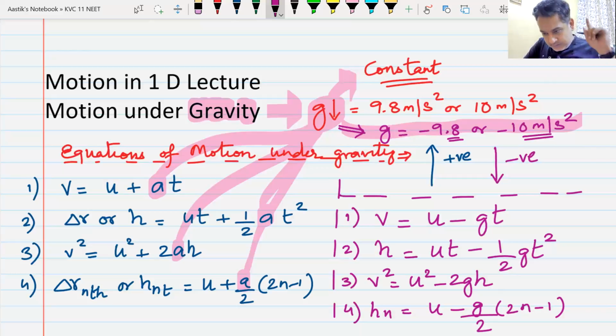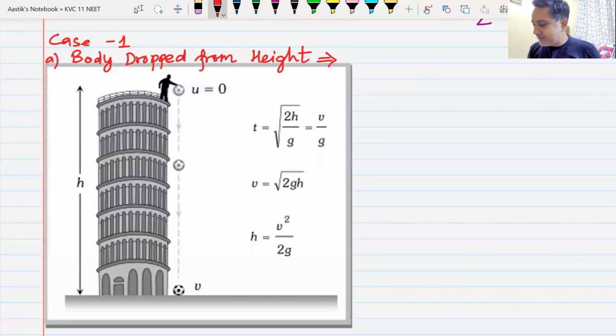Okay. That takes us to the first case, and in that first case, a body is going to be dropped from some height. So you will have someone standing on the top of a tower, top of a building, top of a mountain, and dropping something.